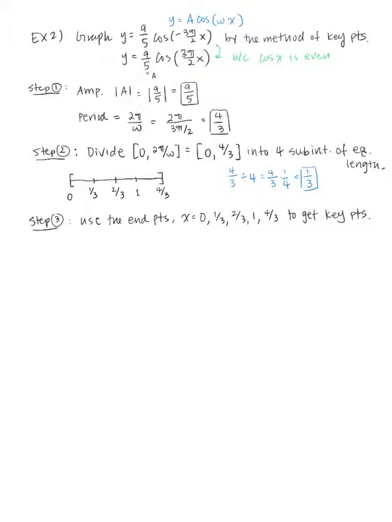Let me make a chart. Here's x, and this is y equals 9/5 cosine of 3 pi over 2 times x. Then let's jot that out as an ordered pair, x comma y.